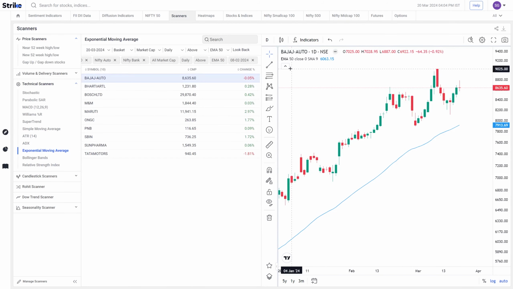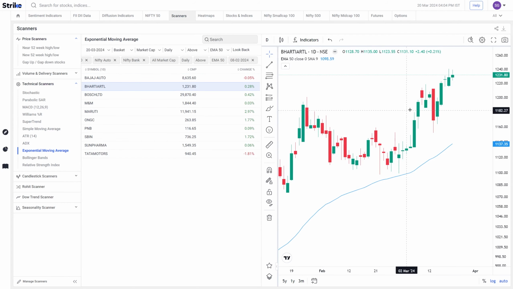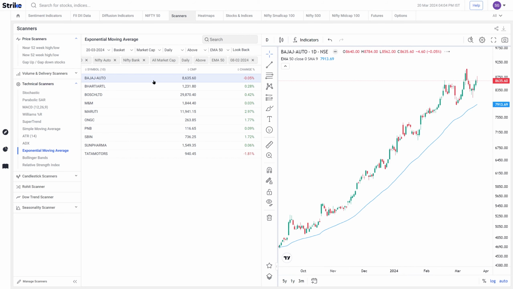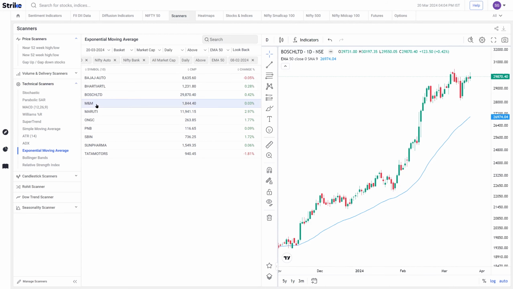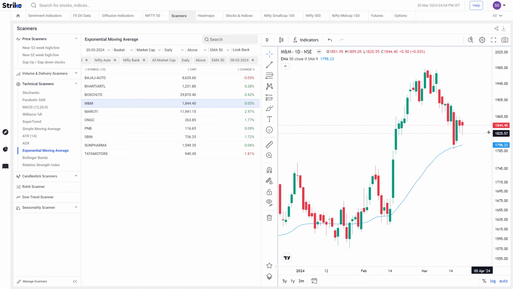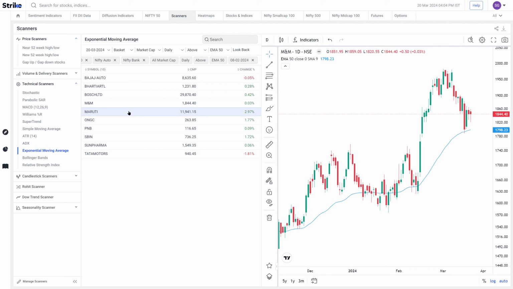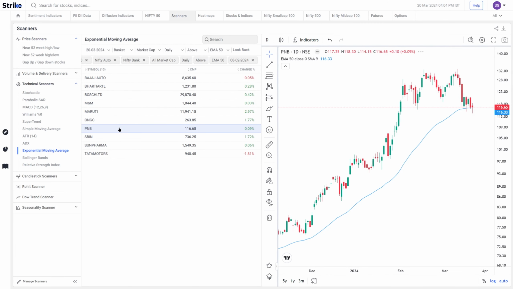The first stock that we are seeing is Bajaj Auto, then again Bharti Airtel. You will see that these are stocks that are actually trading close to their highs. These are the strong names that we are able to find based on the scan that we have run. Another example is M&M, which has touched the 50 EMA but has not broken below it. Again Maruti, ONGC, PNB.